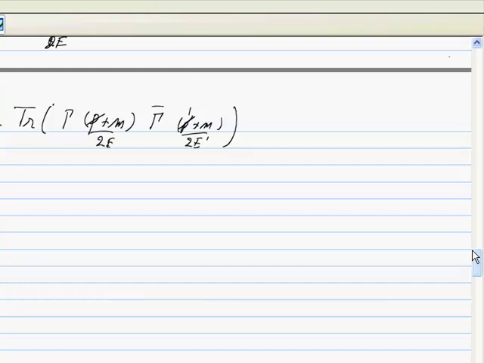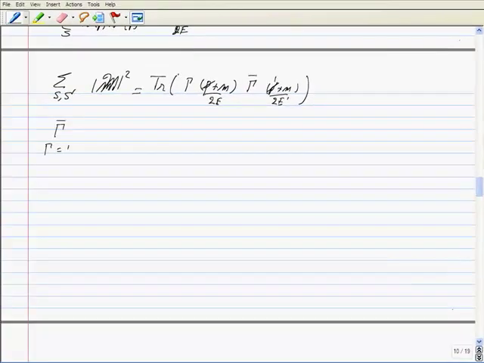The things we need to know in doing this is the gamma bar. If gamma equals 1, remember gamma bar is gamma 0, gamma dagger, gamma 0. If gamma is 1, gamma bar is 1. If gamma is gamma 5, gamma bar is minus gamma 5.